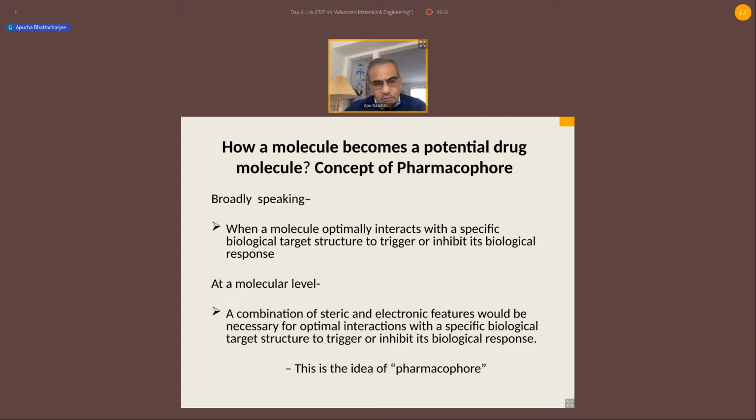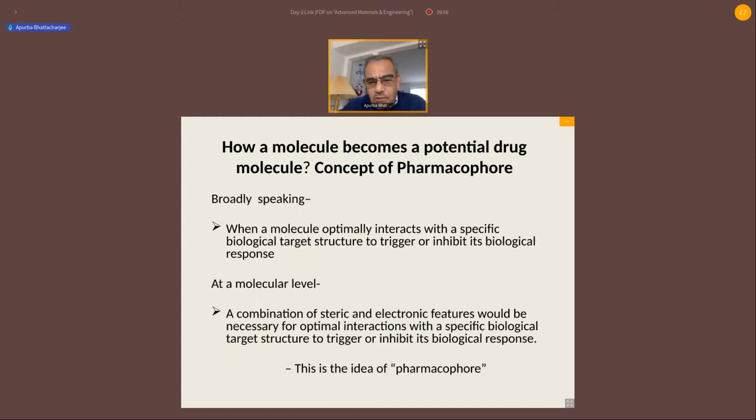Now, at the molecular level, what do we mean by a molecule? The molecule has two very important characteristics: the steric features and the electronic features. We can combine them and say stereoelectronic features, which are responsible for optimally binding with the specific biological target structure to trigger the biological response.